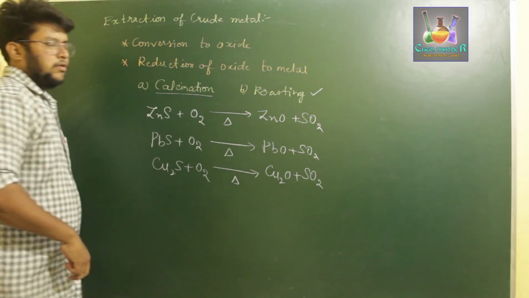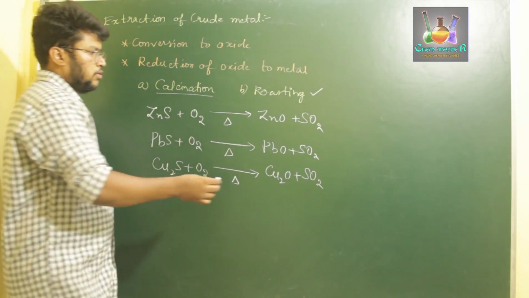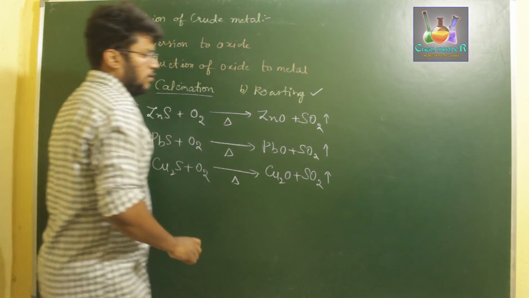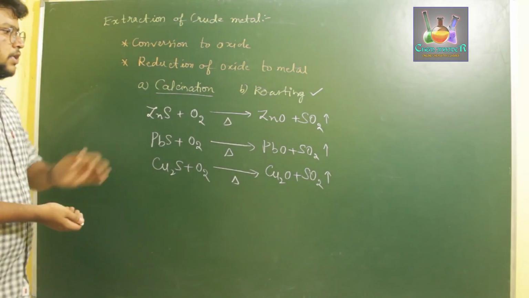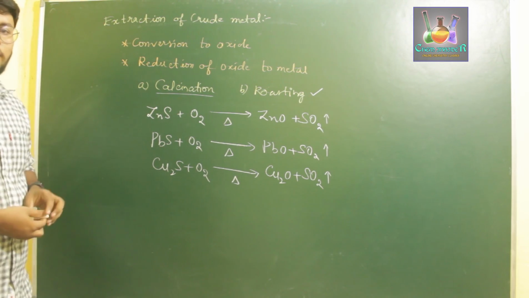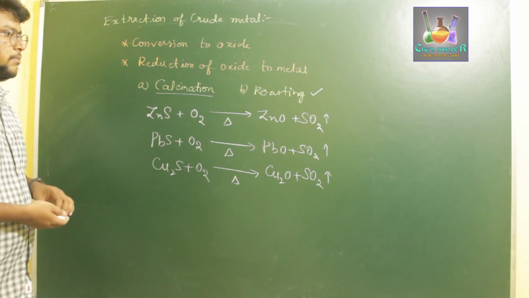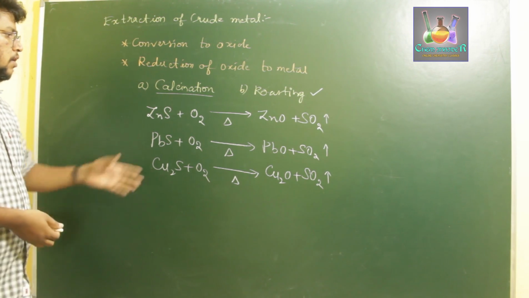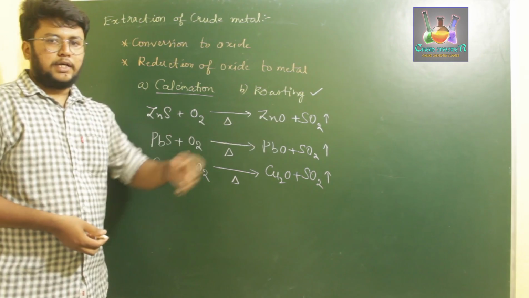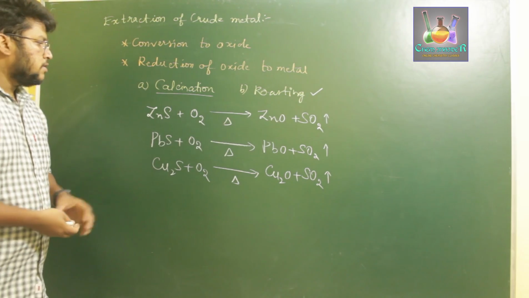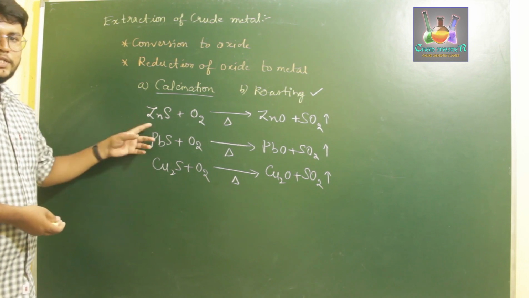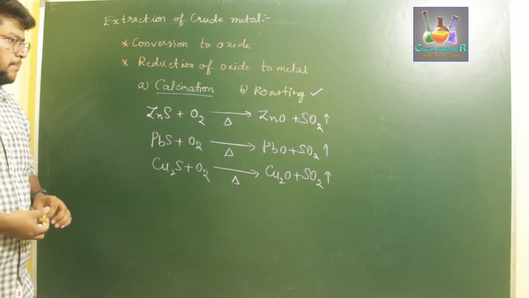One thing we have to note is that we are releasing a large amount of sulfur dioxide in each of these reactions, which is very dangerous to inhale. These SO2 gases are collected separately in order to prepare sulfuric acid. This is how we convert a concentrated metal ore which has sulfide impurities.